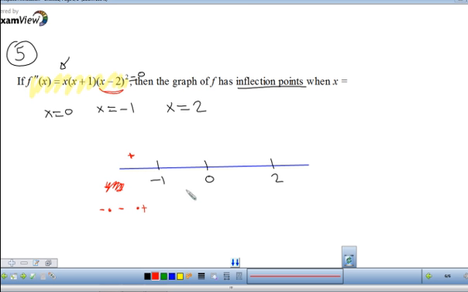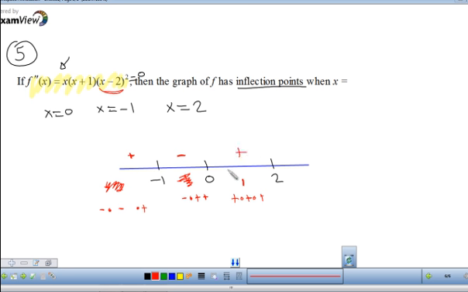From negative 1 to 0, I'm going to check negative 1 half. So we're going to have a negative times a positive times another positive number. So that's a negative. From 0 to 2, I'm going to check 1. I'm going to have a positive times a positive times a positive.